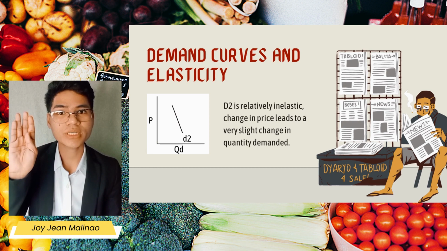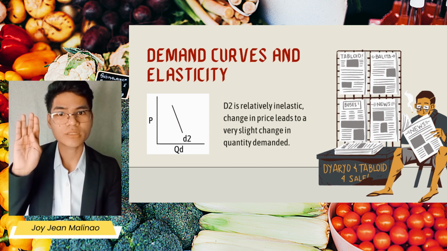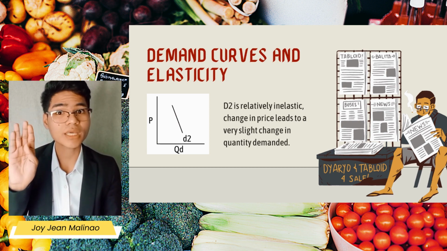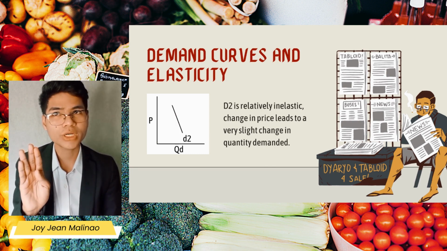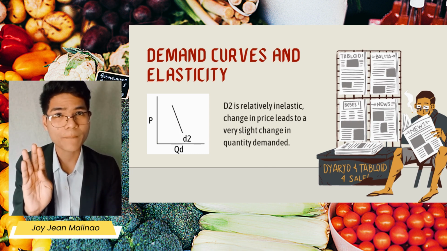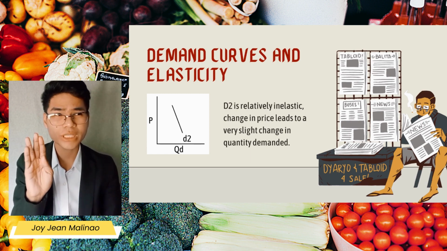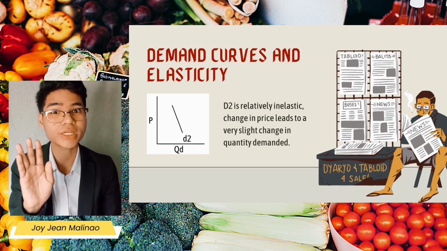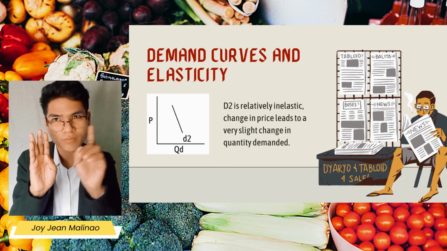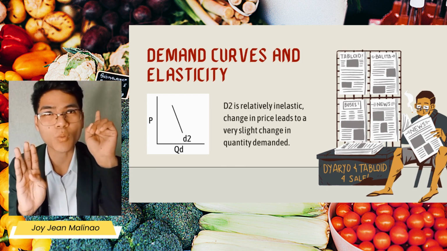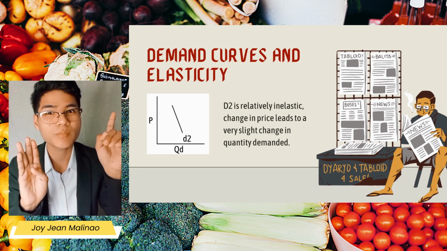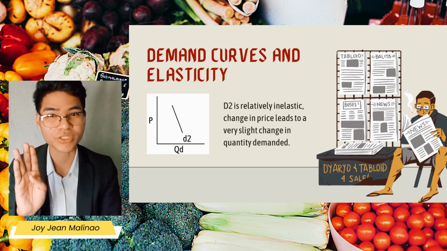When there is an inelastic change in price, that 10 becomes 9, 8, 7, meaning there are also possibilities that the quantity demanded will change very slightly. If we have 30 students, those 30 students become 31, 32, 33 because there's an inelastic change in price.